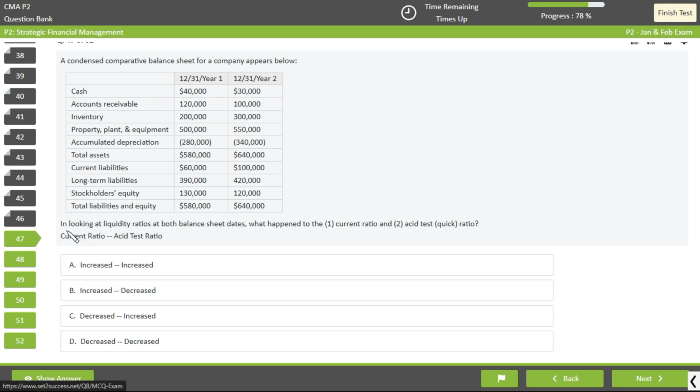What they are asking is, looking at the liquidity ratios in both financial statements, what happened to the current ratio and acid test ratio? So we have to calculate the current ratio and quick ratio for year 1 as well as for year 2.